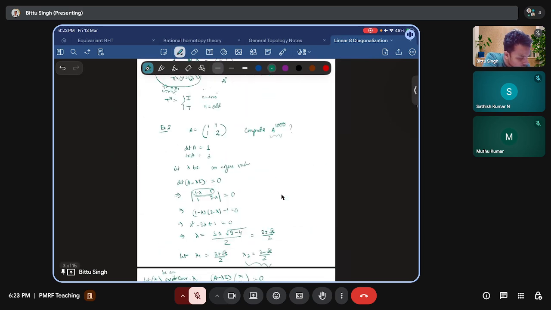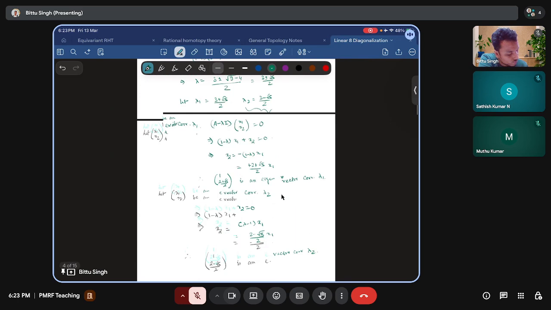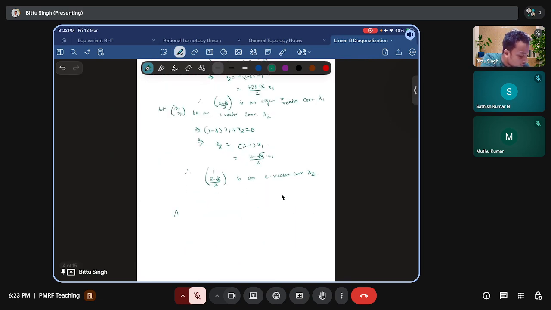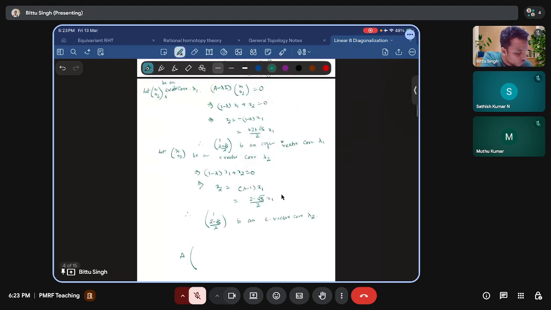Here, what is the matrix A? A is [1 1; 1 2]. Sorry, A is this matrix. Okay. I want to say A times v1. So v1 is this vector, right?